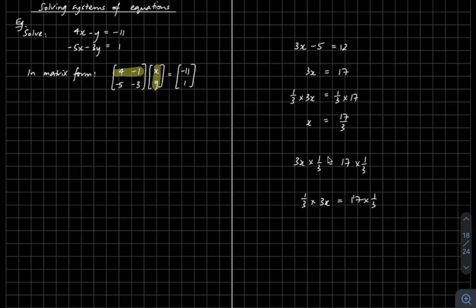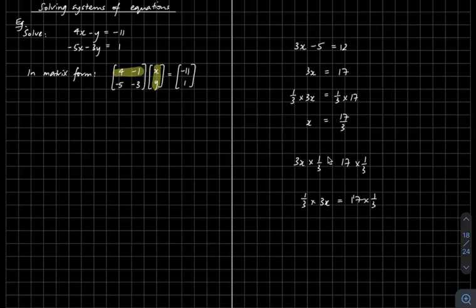The first row gives you 4x minus y, which equals negative 11, and the second row times that column gives you negative 5x minus 3y, which equals the 1 in the matrix on the other side. So we can write those two equations as a product of two matrices equals another matrix.